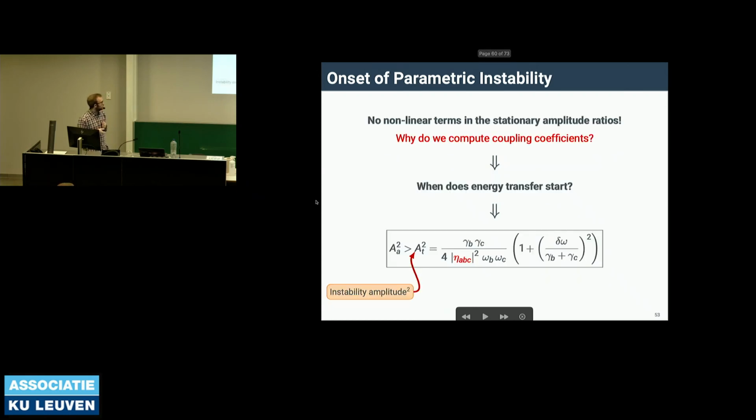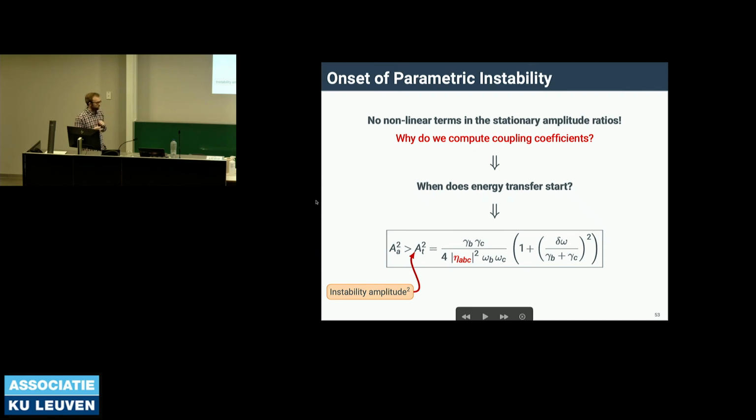If you do that, you can derive an amplitude, AT, that needs to be attained by your parent mode before your energy transfer starts. And again, of course, our mode coupling coefficient is very important in determining this instability amplitude.